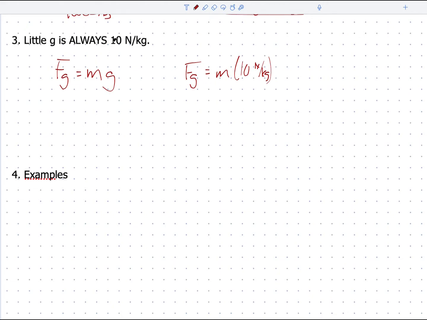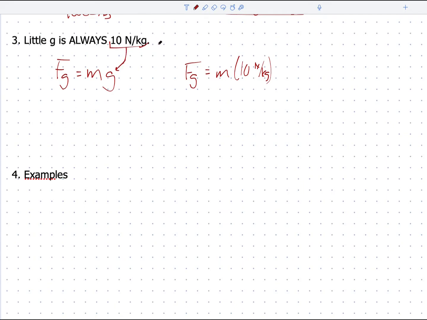All right, so just remember that little g is always 10 newtons per kilogram. In this equation, we use little g as the symbol for the strength of Earth's gravitational field, but it will always be 10 newtons per kilogram.